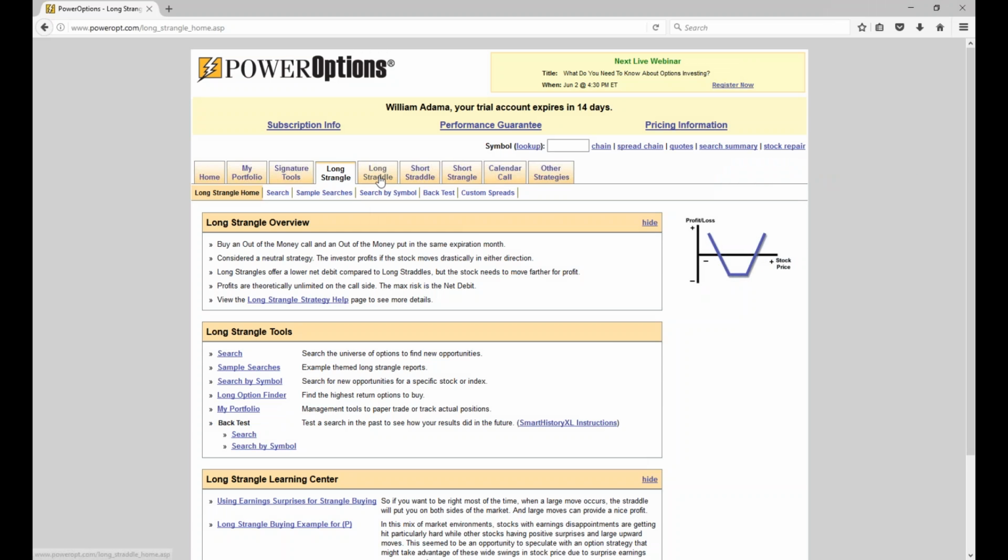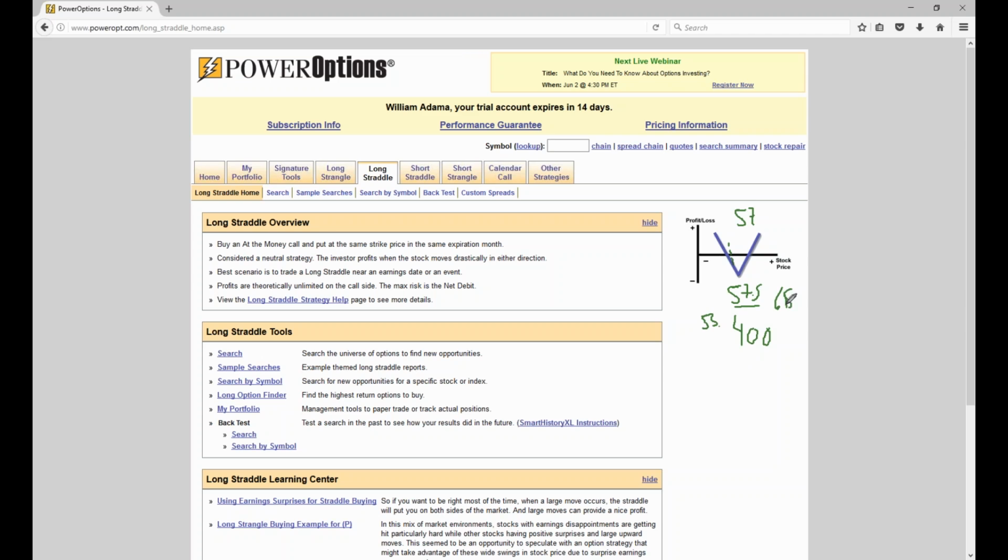Now, with a long straddle, you're buying right at the money. So with a stock at 57, you might have bought the 57.5 call and the 57.5 put, and you might have paid $4. But now the break-evens are a little bit tighter because you're at the current strike price. You only need this to be trading at 53.50 or 61.50.